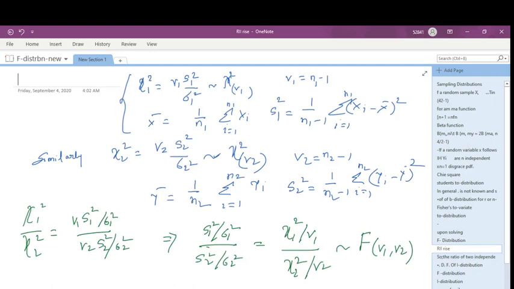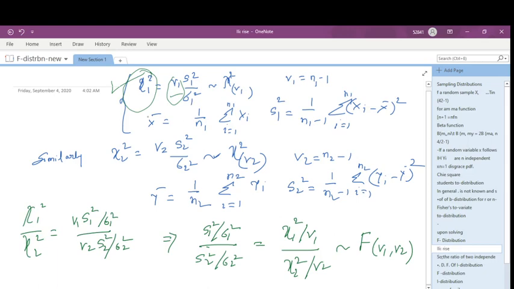This is for the chi square variate 1 for population 1. Mu1 is the degree of freedom for the first sample, S1 is the standard deviation of sample 1, and sigma 1 is the population standard deviation.